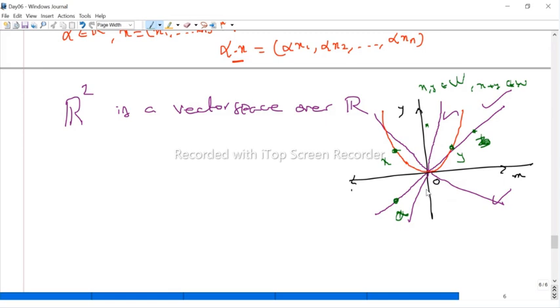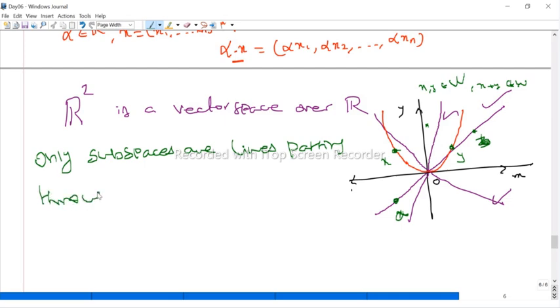Therefore, in R2, the only subspaces are lines passing through origin. That is important. Passing through origin.